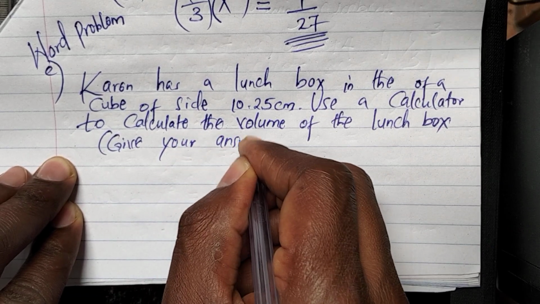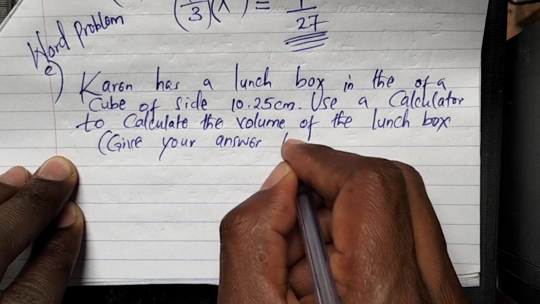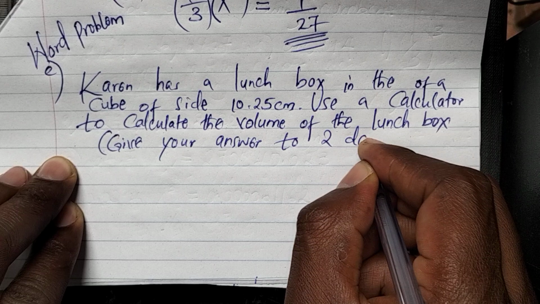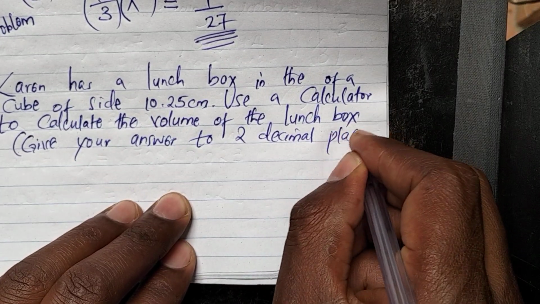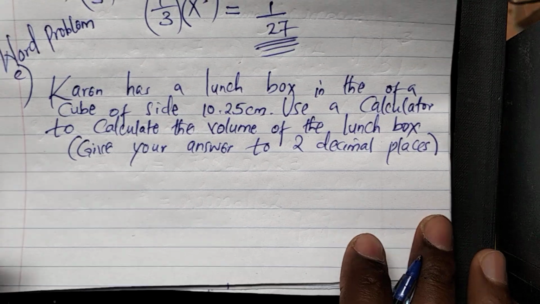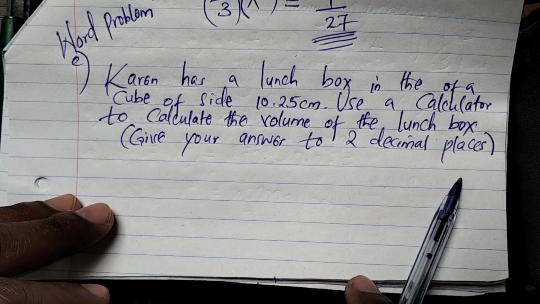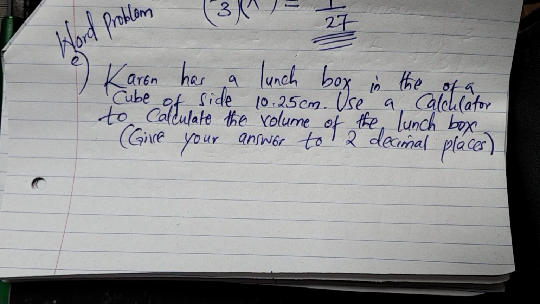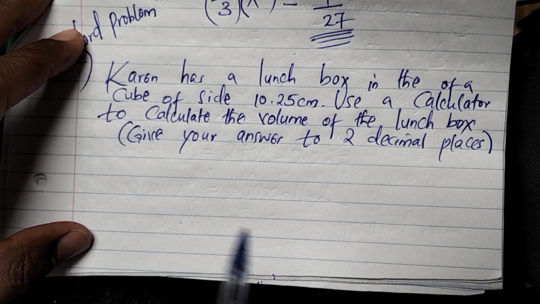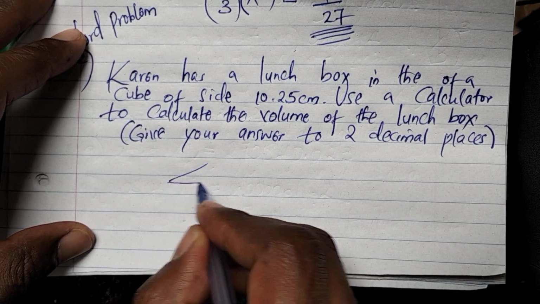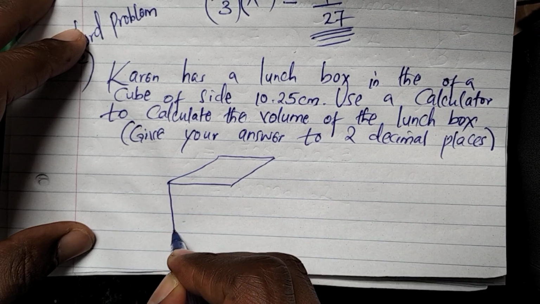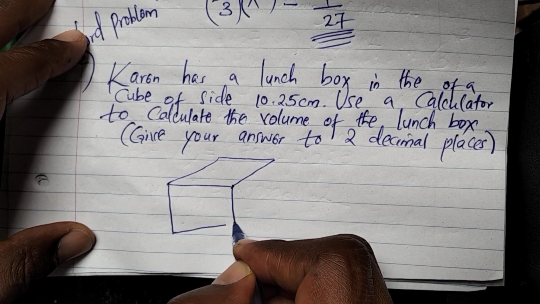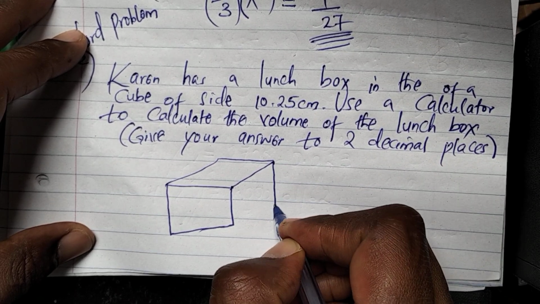So in this case, we shall maybe come up with a sketch of a cube like that. All the sides are equal, so mine is not drawn to scale. That is maybe the model of that lunchbox. This is the length, width, and height, 10.25.